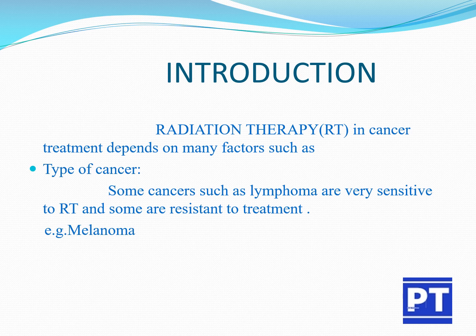Some cancers are very sensitive to RT, so they can be easily destroyed by radiation. One example is lymphoma. Some cancers are resistant to treatment, for example melanoma. So depending upon the cancer, we determine whether it is sensitive to radiation or not.